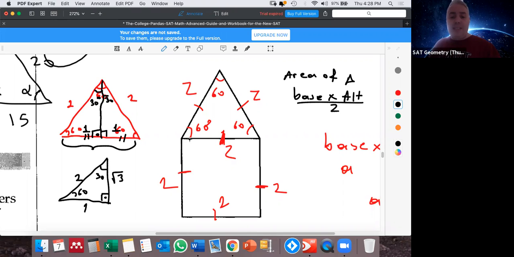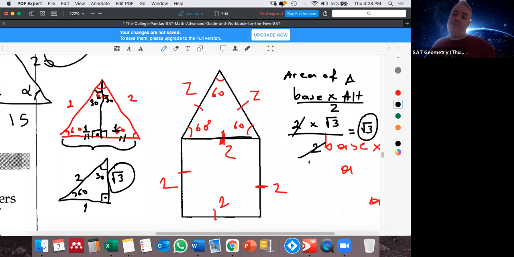So what is the base now? 2 times. What is the altitude now? Root 3. Divided by 2. So when you simplify, what is the final result? Root 3. Okay? You mustn't forget this special triangle. It's so important. Please memorize, make lots of practice.